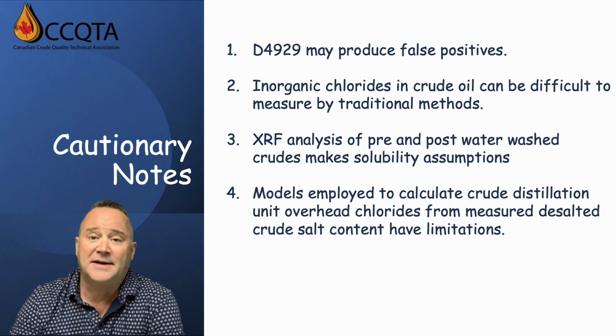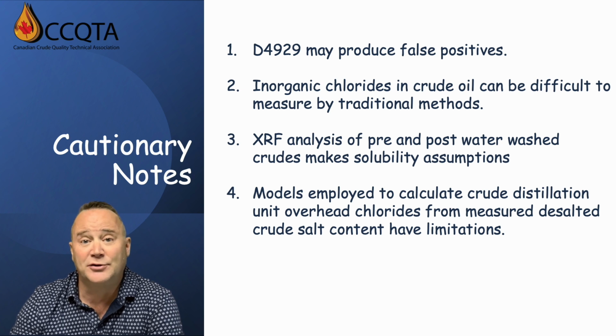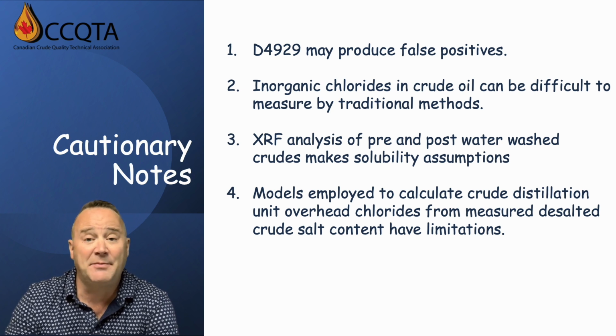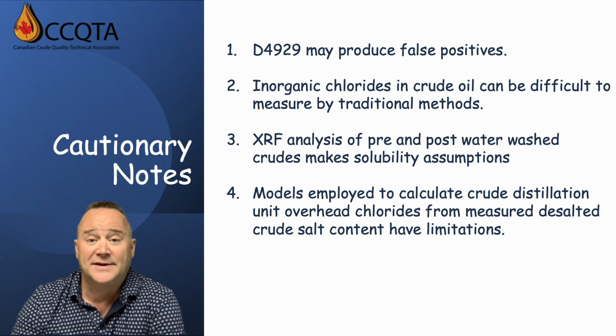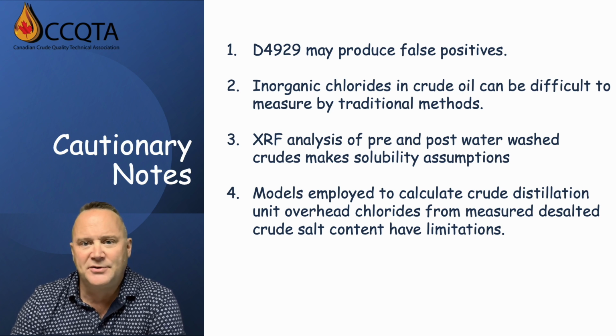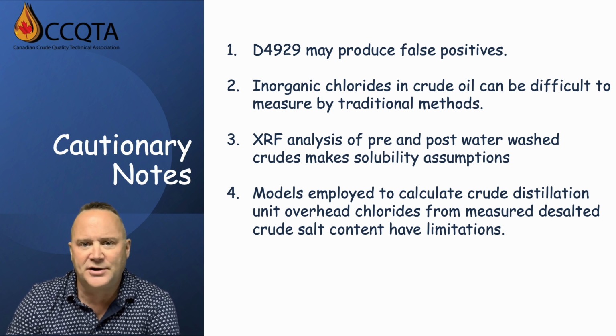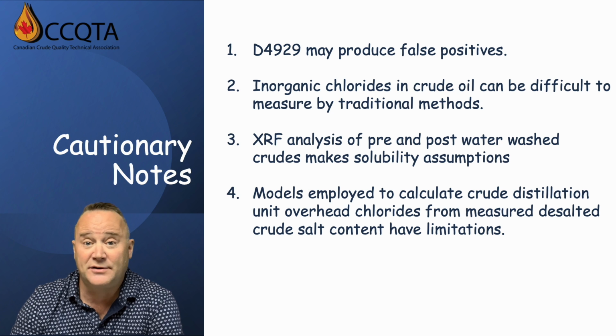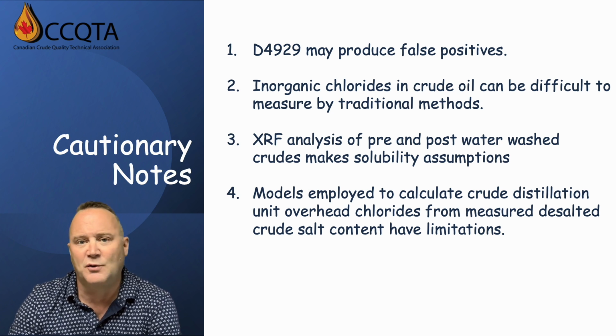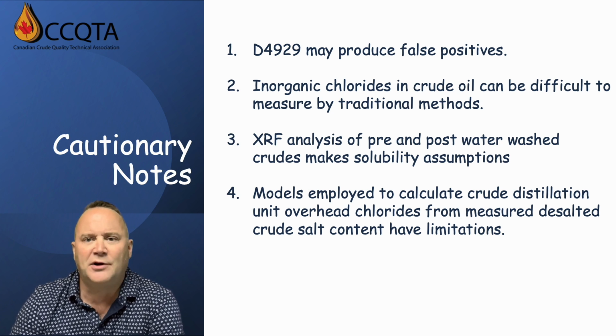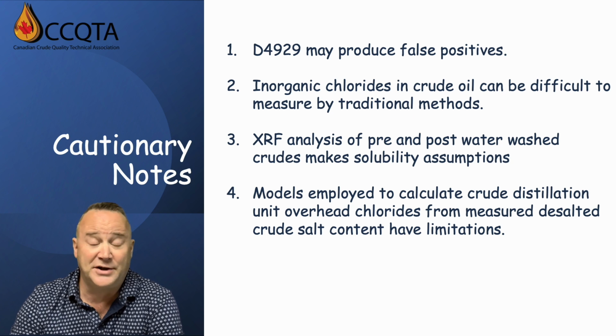Next, models employed to calculate crude distillation unit overhead chlorides from measured desalted crude salt content have limitations. Any attempt to model or project chloride content in crude overhead naphtha from desalted crude salt numbers does so by making a number of assumptions regarding variables, such as the distribution of the various salts, percent sodium, calcium, magnesium chlorides, the compositional impact on salt hydrolysis of the reused process waters as desalter wash water, the impact of crude oil naphthenic acid content on increasing salt hydrolysis, which some authors suggest the increase can be up to 30 times.